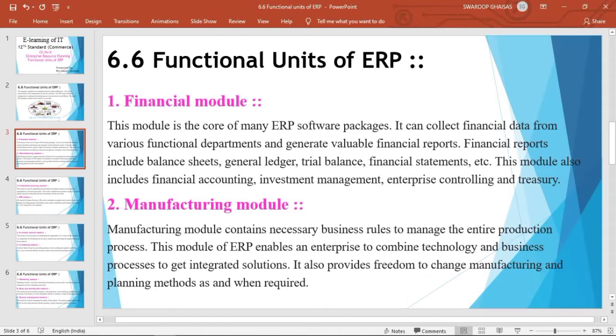This module of ERP enables the enterprise to combine technology and business processes to get integrated solutions. So that is the second functional unit of ERP, the manufacturing module.